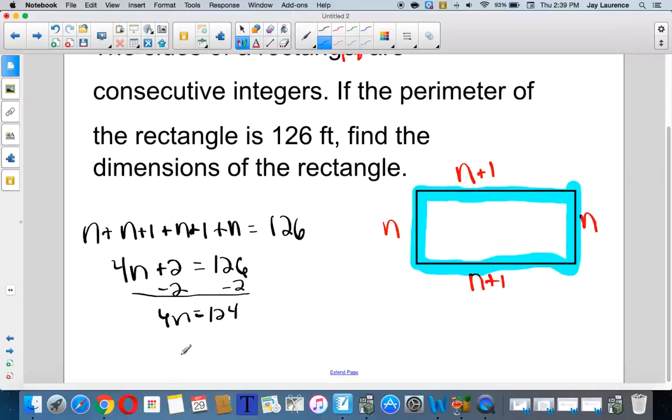And then when I divide by 4, I'm going to get 31. So that means this dimension is 31 feet. That forces this dimension to be 32 feet. And there you go.